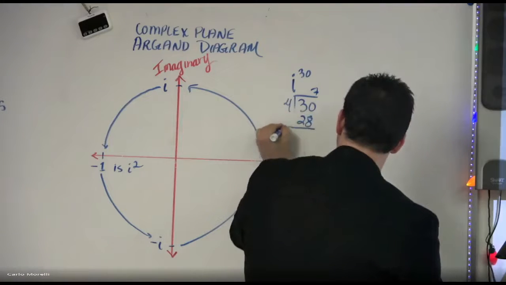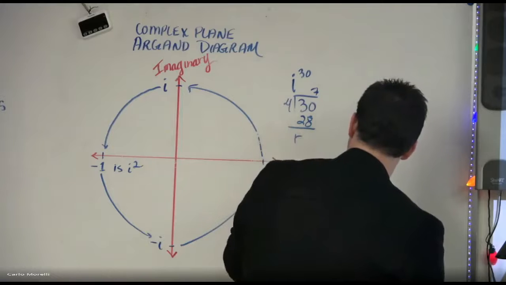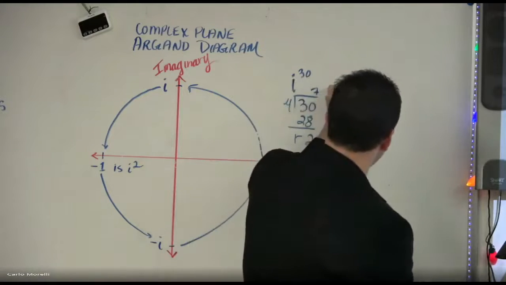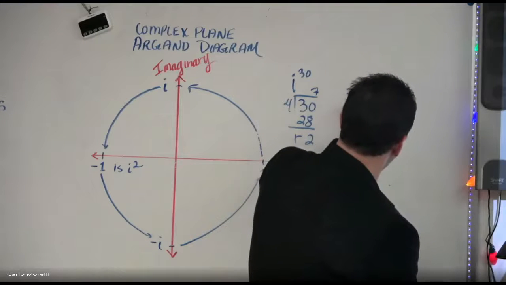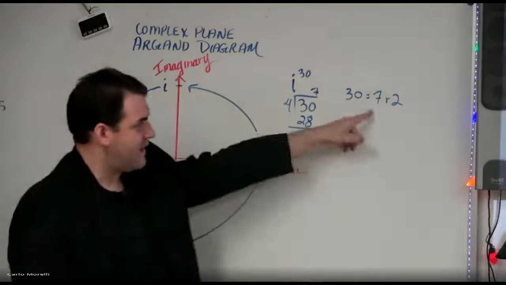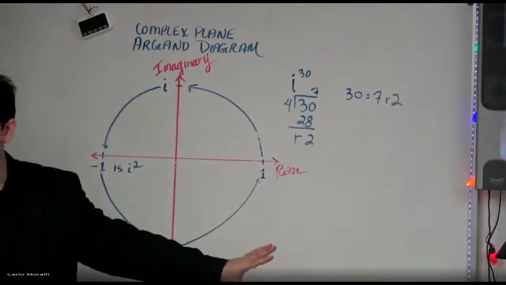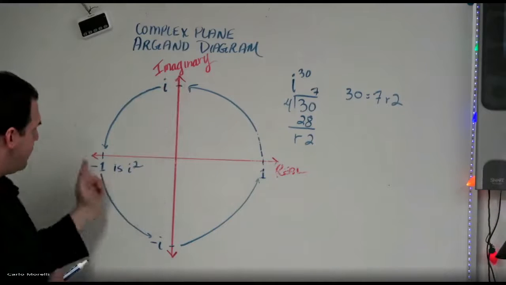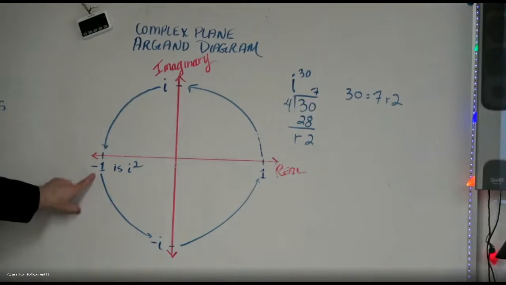What's the remainder? 2. So we have 30 equals 7 with a remainder of 2. So here's the trick. That's 7 full rotations, back to 1, and then I just need to do 2 rotations. So 1, 2. So i to the 30th is -1. You see how cool that is?